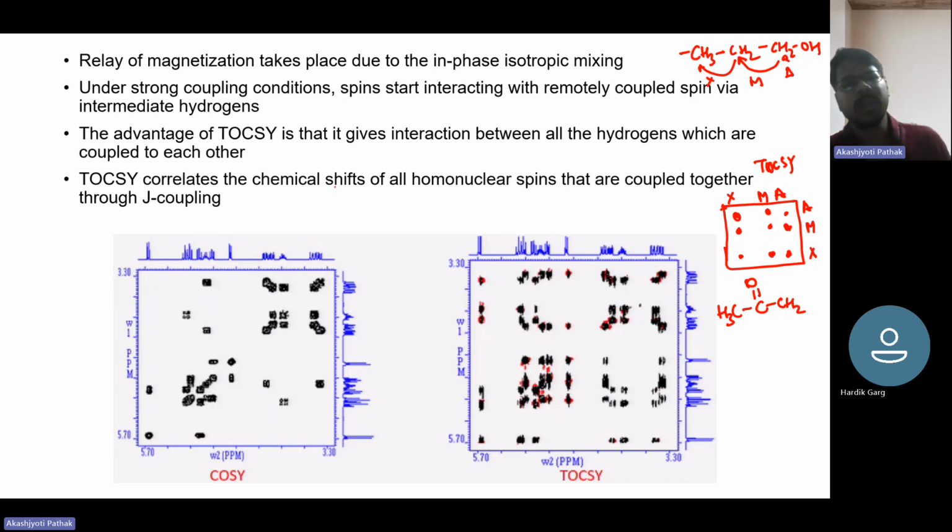So TOCSY correlates the chemical shifts of all homonuclear spins that are coupled together through J coupling. All homonuclear spins, the proton-proton coupling that we are seeing here, right? So that is why we get the chemical shift of all homonuclear spins coupled through J coupling.